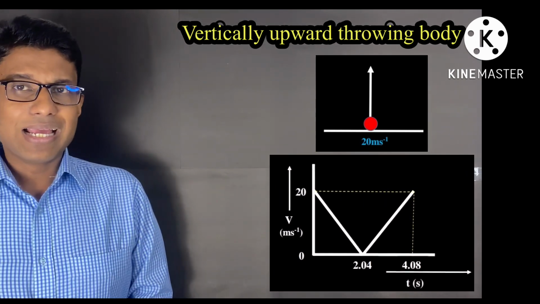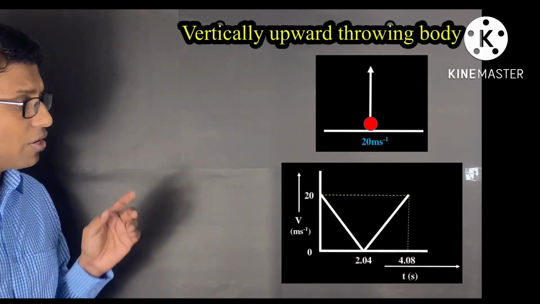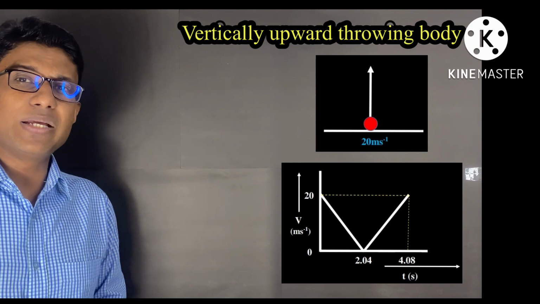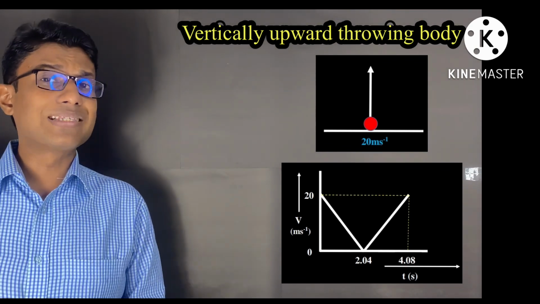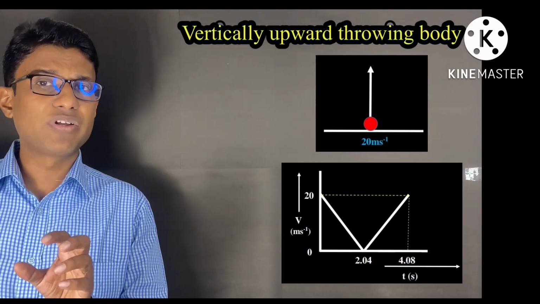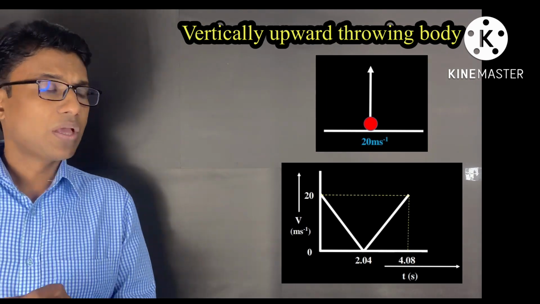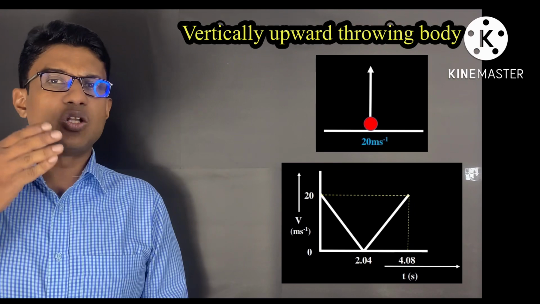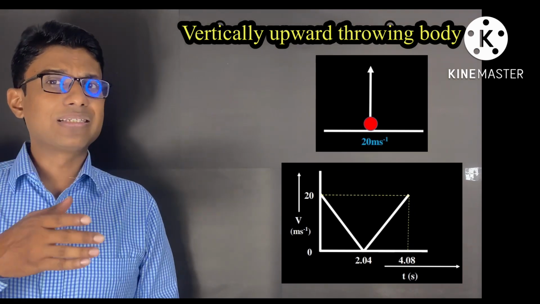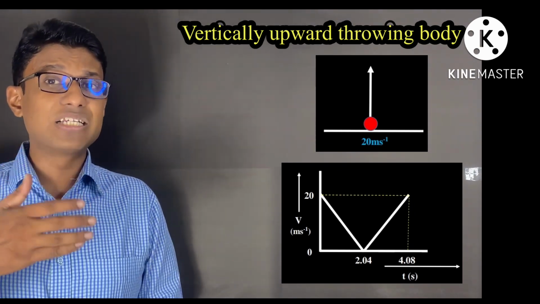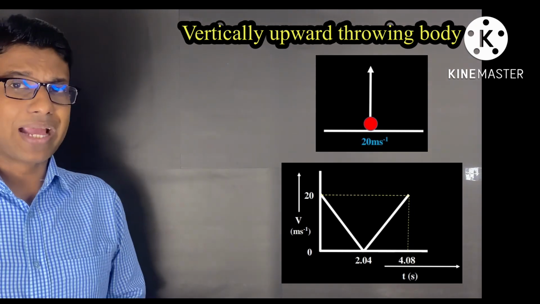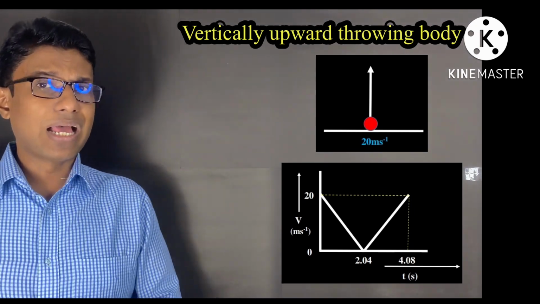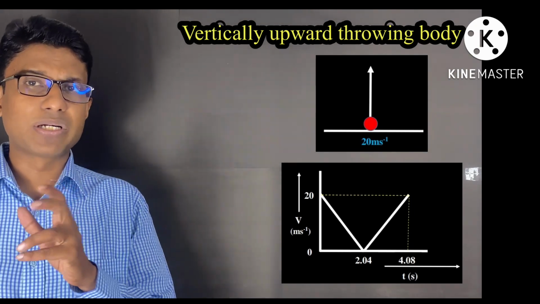As you can see, it has started from the 20 meter per second velocity, as I have given the initial velocity 20 meter per second. As the object goes upward, it loses its velocity, decreasing until the maximum height, and at the maximum height it gets a velocity of 0 meter per second.